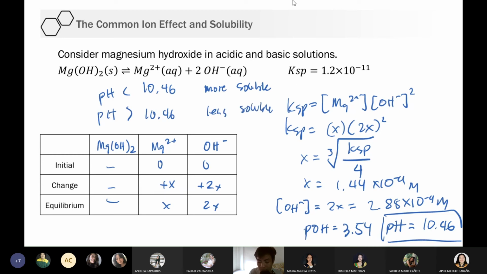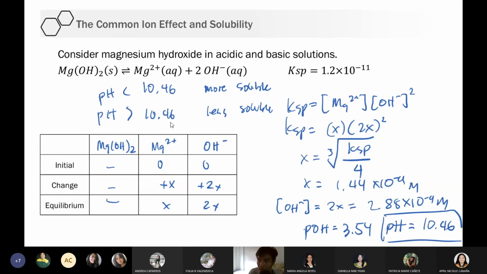Okay? So, ganun. So, at pH less than this, at equilibrium, mas magiging soluble siya. Kasi mababawasan tong OH. Kasi our H plus will react with OH para maging water. So, mababawasan to. The equilibrium will be shifted to the right at acidic pH.